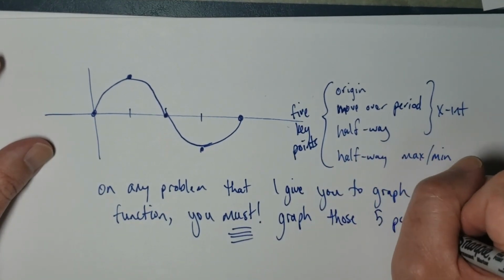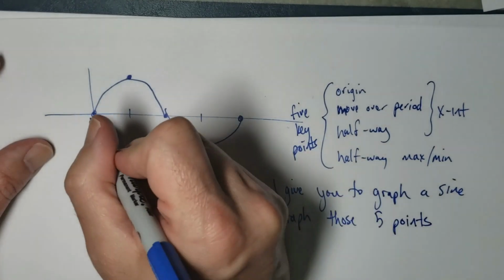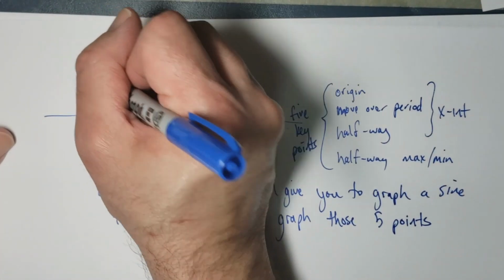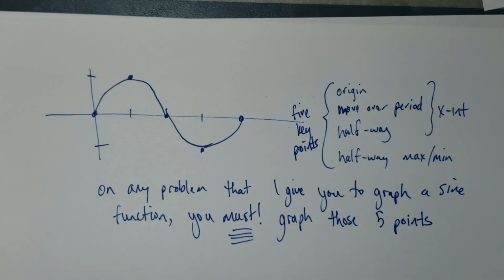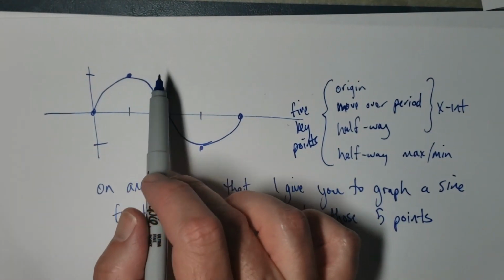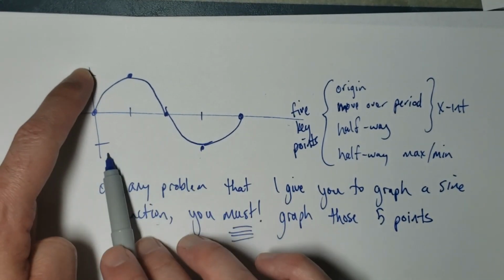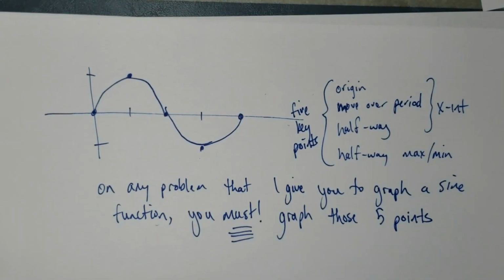Like, I need to see clear dots. And you should have, obviously, if you're drawing your axes, because you're not using graph paper that I give you, you need to label what these numbers are so that it's clear to me that you understand where the amplitude is, where the period is.